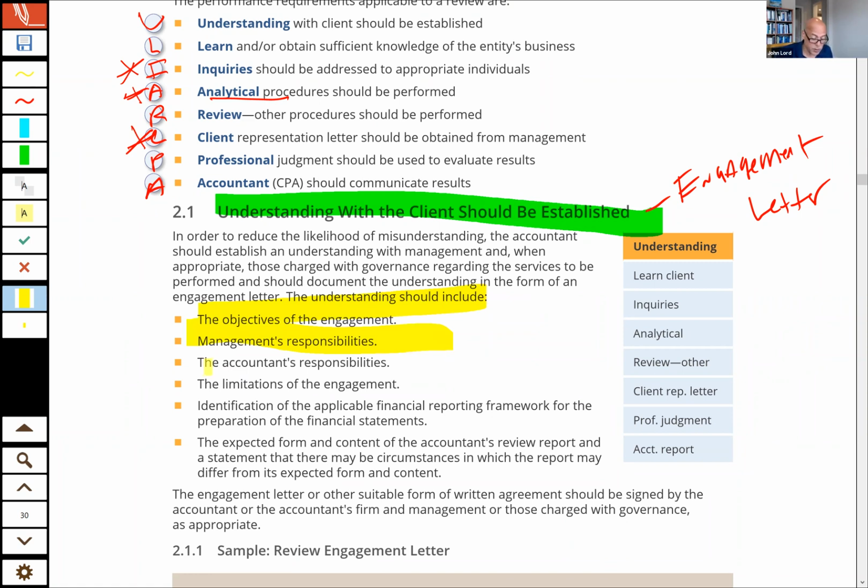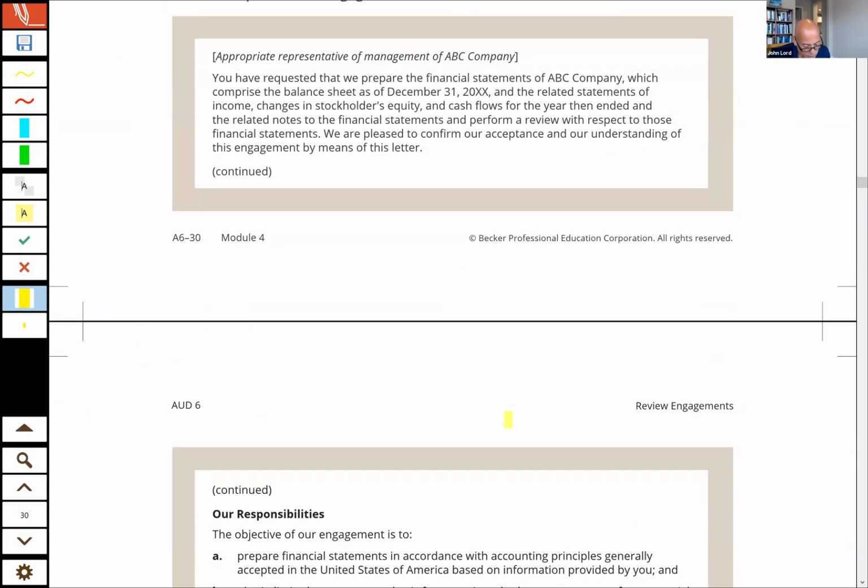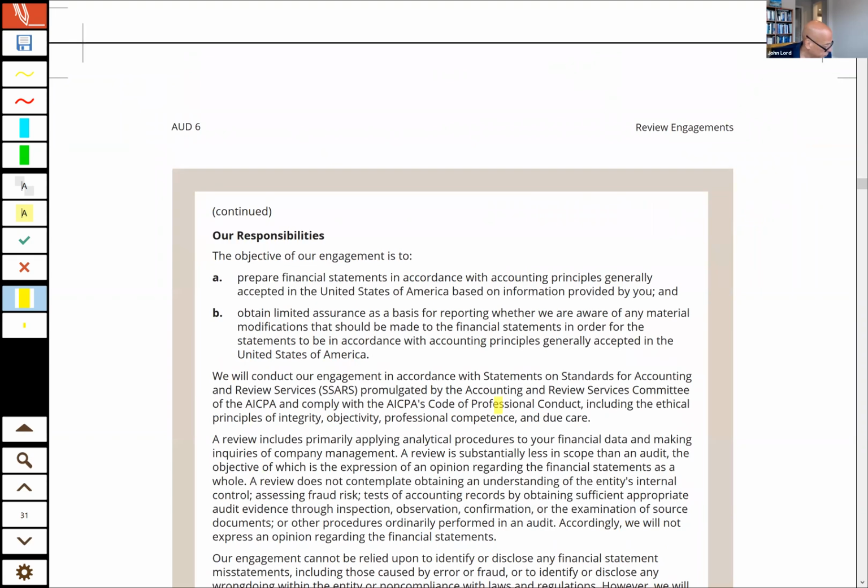Management's responsibility, the objective of the engagement, the accountant's responsibility (we don't say auditor's responsibility because we're not auditing), limitation of the engagement, identification of the applicable framework. We don't see the nature of reporting in the preparation because there is no report, but for both compilation and review and, of course, audit, we talk about the nature of the reporting that we're going to do. Again, I don't know why they keep giving us these full letters here.